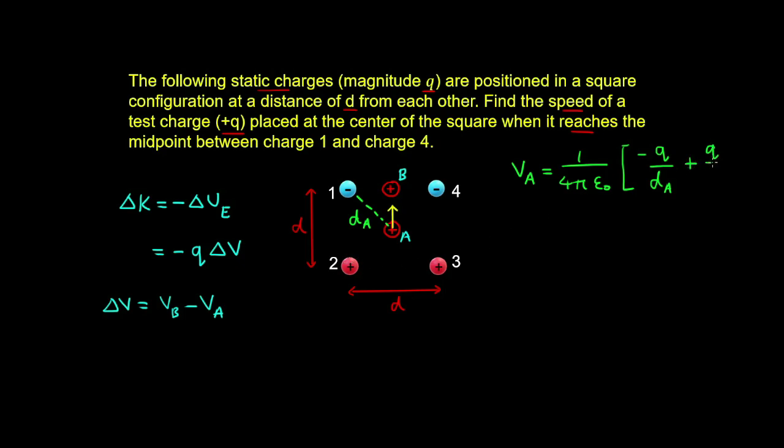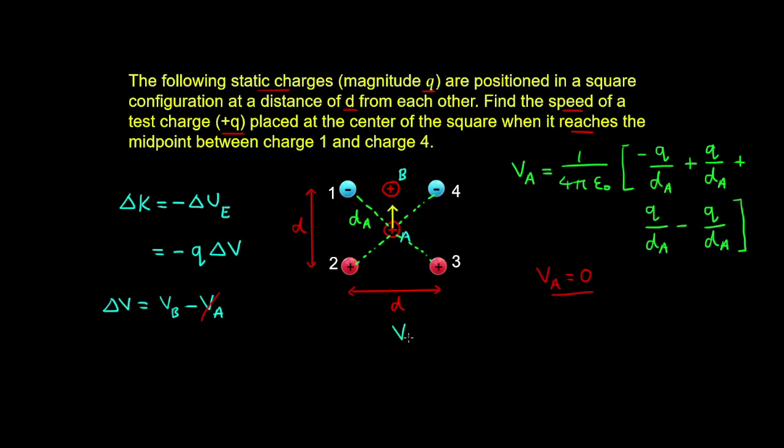So that would again be Q on dA, which is the same distance to that point. And similarly, plus Q on dA, being the electric potential due to charge 3, and minus Q on dA for charge 4. So as expected, the electric potential at A is 0.